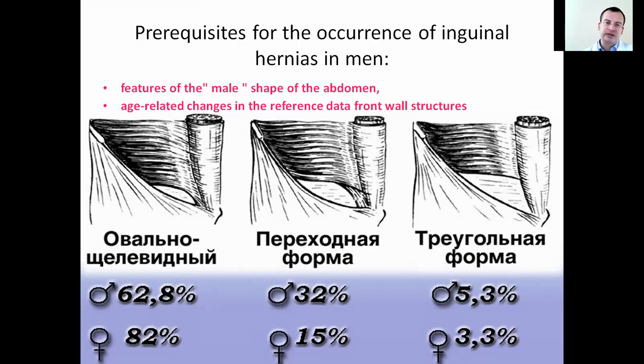Prerequisites for the occurrence of inguinal hernias in men: features of the male shape of the abdomen, age-related changes in the reference data, the front wall structure.